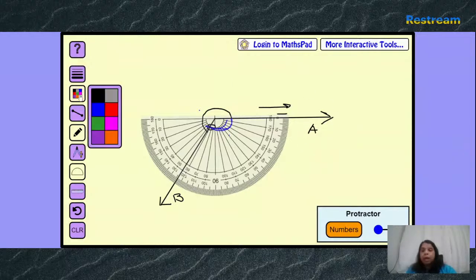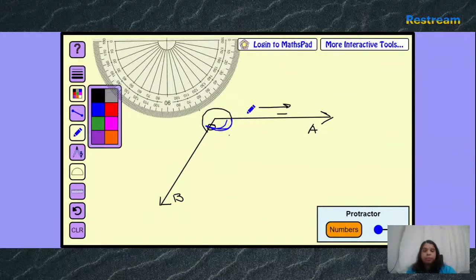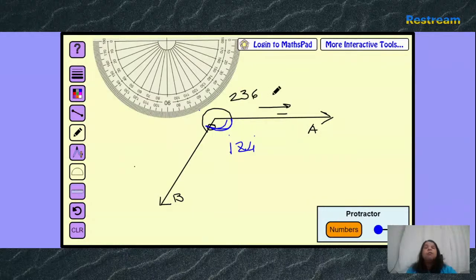So the blue angle is 124 degrees. So our black angle, or the reflex angle that we need, is 360 minus 124, which is equal to 236. So 236. Whenever someone needs a reflex angle, they will specifically mention that you need to find the reflex angle AOB.